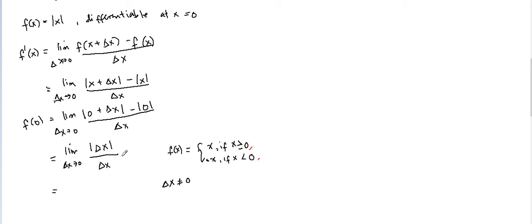Kasi pag naging 0 ito, automatic magkakaroon tayo ng indeterminate and undefined na value. So, ang gagawin natin, exclude natin ang 0. So, ano mangyayari? Doon na lang tayo sa x is greater than 0 and negative x is x less than 0. So, mangyayari magiging limit.